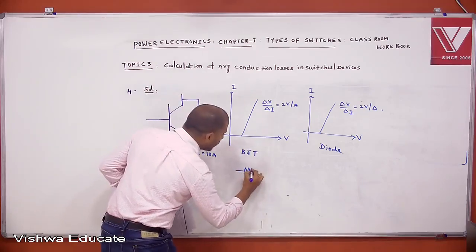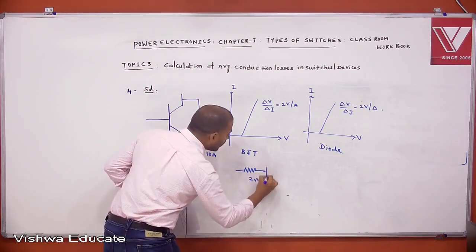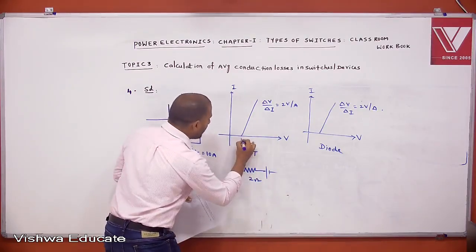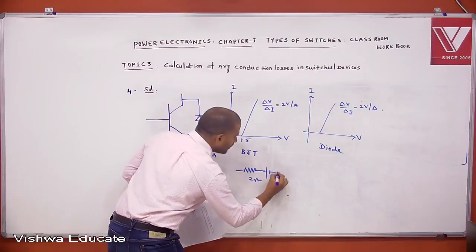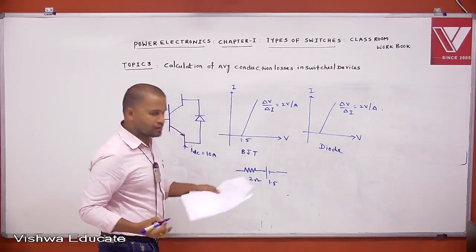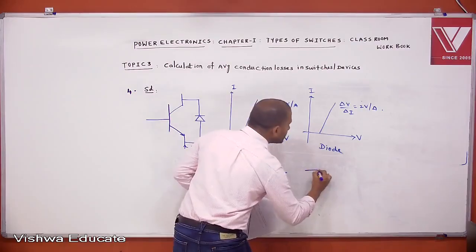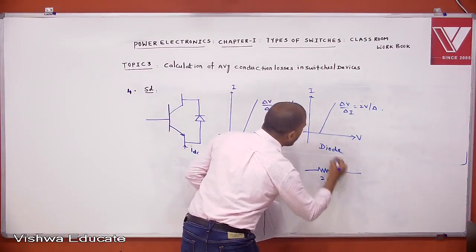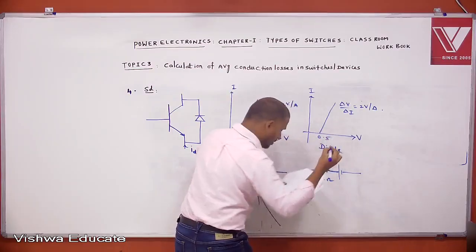Resistance of 2 ohms and voltage drop of how much? This is given as 1.5 volts. This is the BJT model, a resistance of 2 ohms and a voltage drop of 0.5 volts.